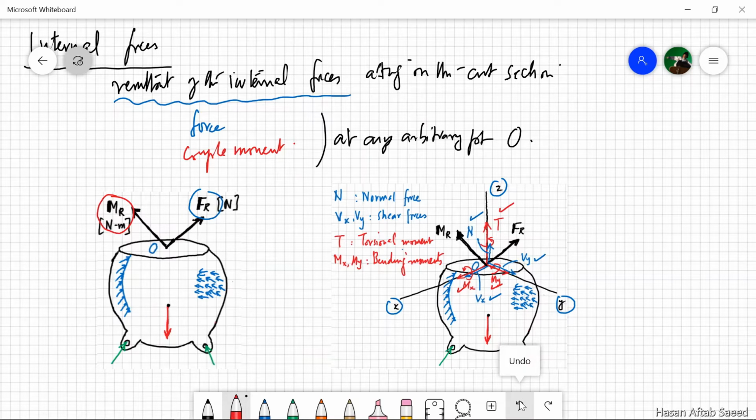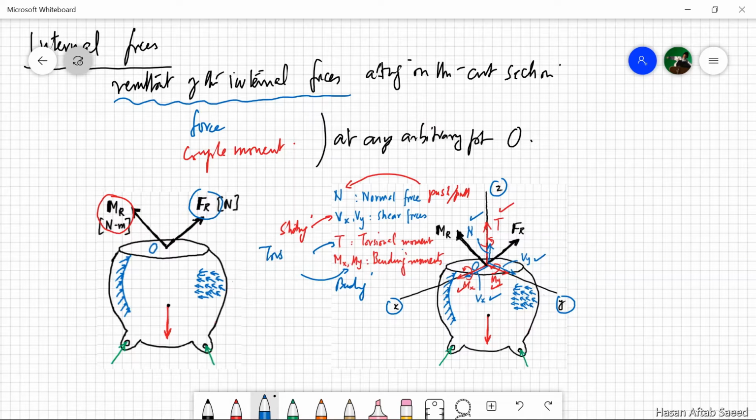Now these classifications are based according to their action on the body, whether it's push or pull, sliding, bending, or torsion.